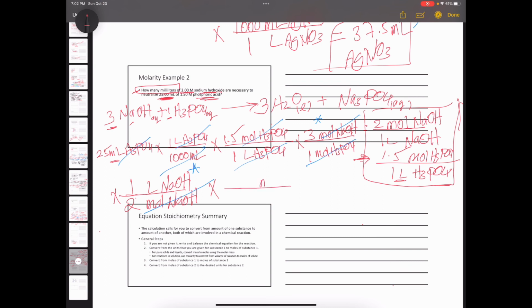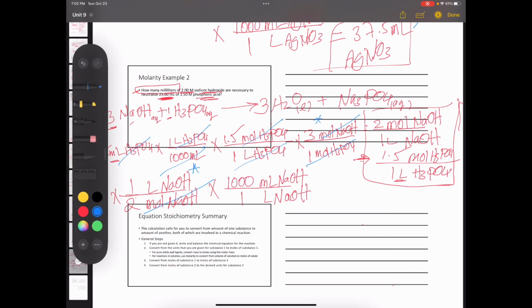So now I need milliliters NaOH. Down here is a liter NaOH. 1 liter, 1,000 milliliters. Now I can cancel out the liter of NaOH, and I am left with milliliters of NaOH.